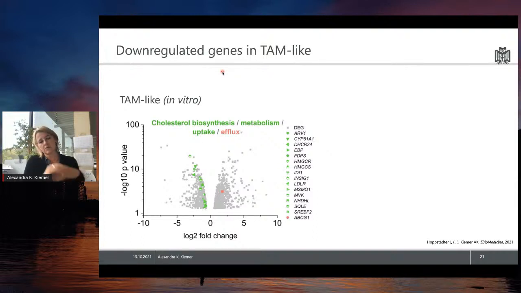Since we found these cholesterol metabolism genes as being very characteristic for the ex vivo macrophages, we also specifically looked into these genes.